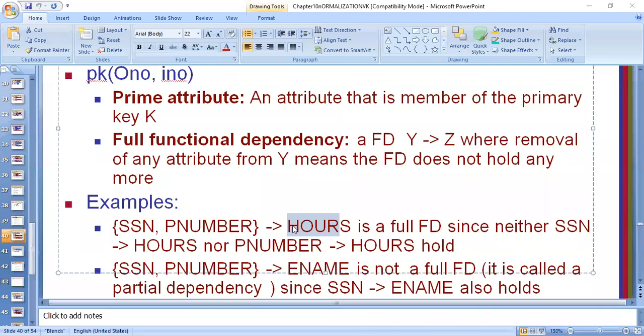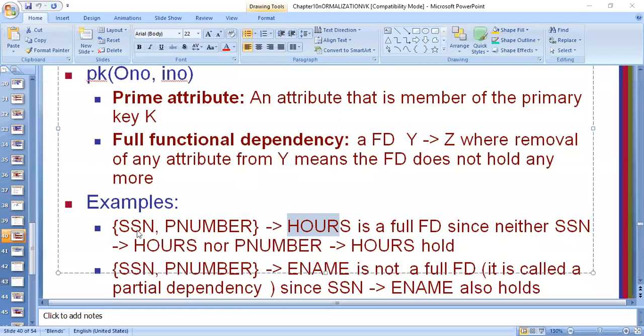Similarly, with only the project number, we cannot determine a unique value for hours, because on one project there could be multiple employees, each working for a different number of hours.